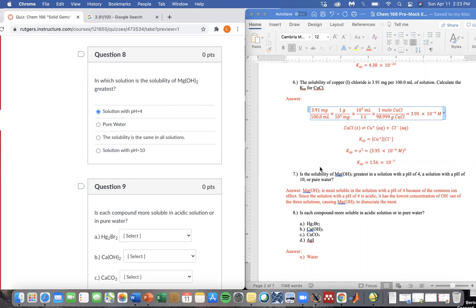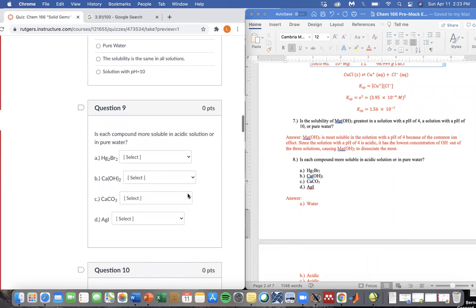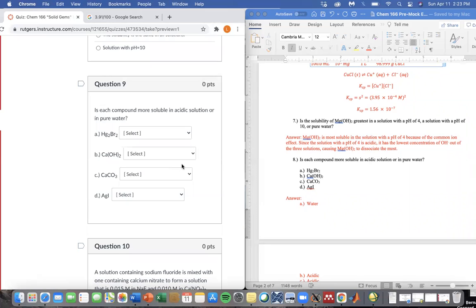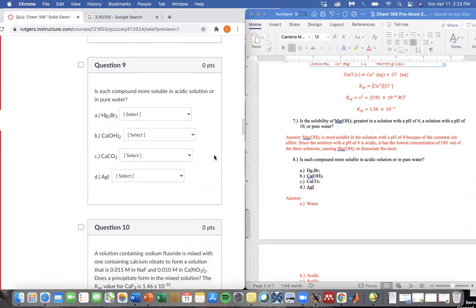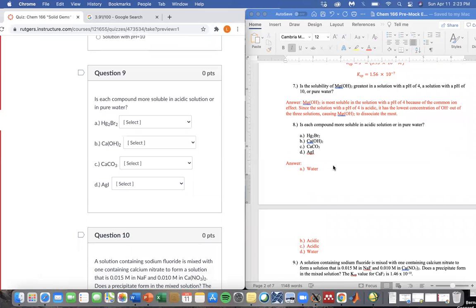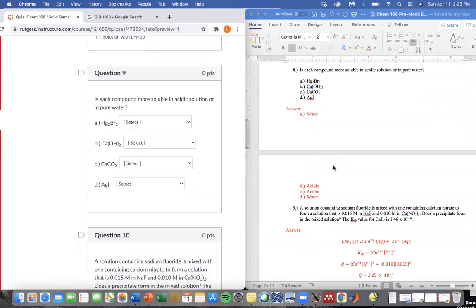Got it. Okay, so this next one was about acidity, or solubility in a solution that's acidic versus in pure water. And so for this one, we can start with Ca(OH)2.